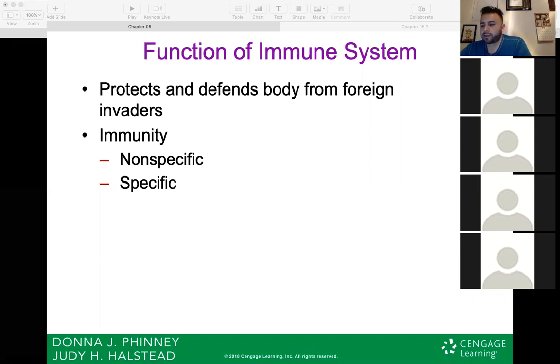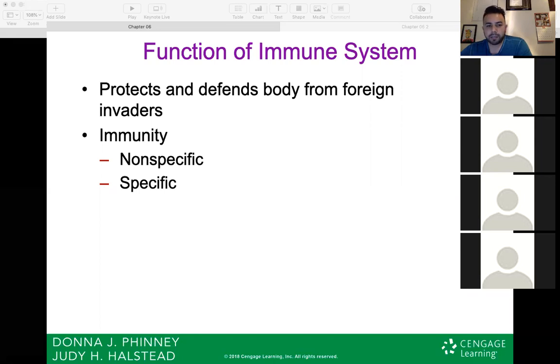Specific immunities are the immunity that we build up when we come into contact with certain diseases. So if we caught a cold, our body would develop a specific immunity against that specific type of cold, so we would never be able to get that type of cold again.